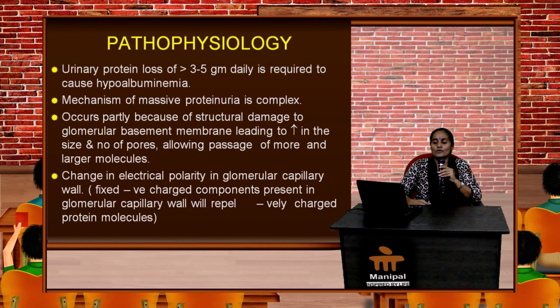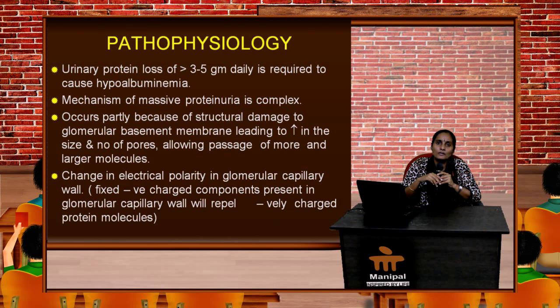It occurs partly because of structural damage to the glomerular basement membrane, leading to an increase in the size and number of pores which are seen under the electron microscope, and they are allowing the passage of more and more larger molecules. Otherwise these molecules will never escape the glomerular basement membrane because it's tight.